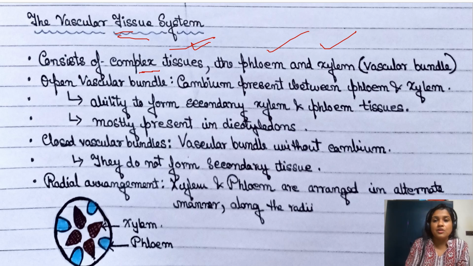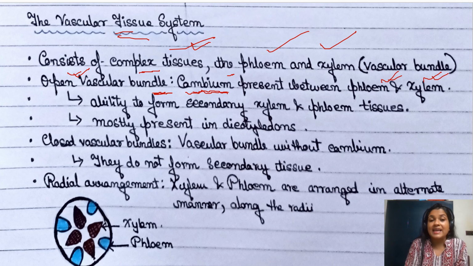And now we will learn about another term, that is cambium. In case of open vascular bundle, cambium is present between phloem and xylem.